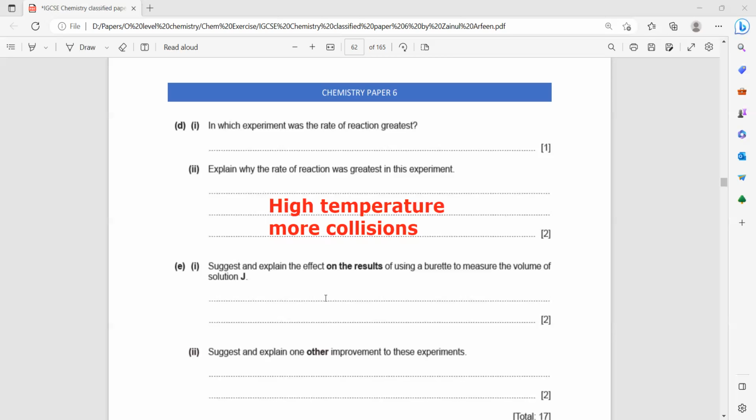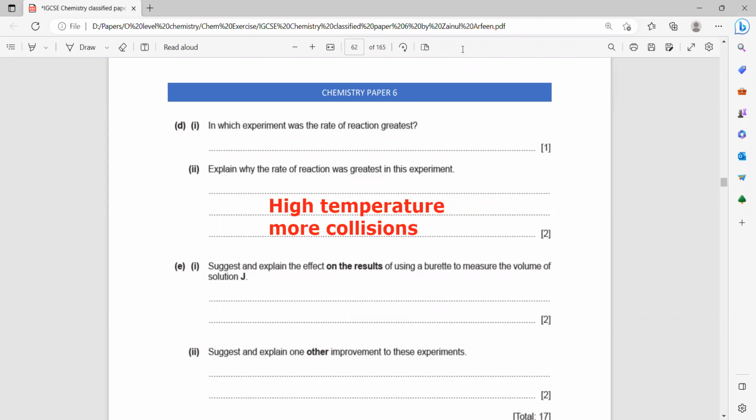Suggest and explain the effect on the result of using a burette to measure the volume of solution J. So what is suggest and explain? Usually on the time, it won't have much effect. Like, for example, if you measure 30 and it is 29 point something, on the time it won't affect too much.